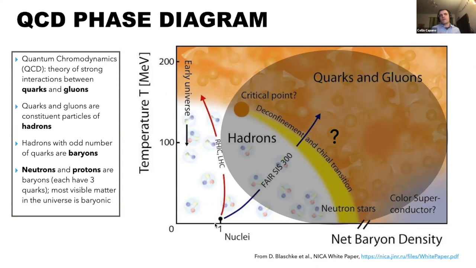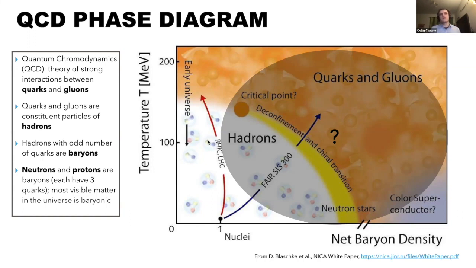And while we are very familiar with what matter does at these lower densities, as you go to higher densities, especially at cold temperature, we're really not quite certain what happens, because we can't solve QCD in this regime. And we also really can't build experiments here on Earth to probe this region.